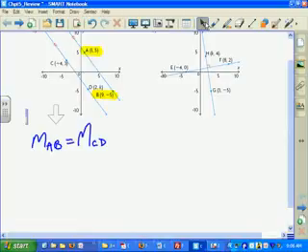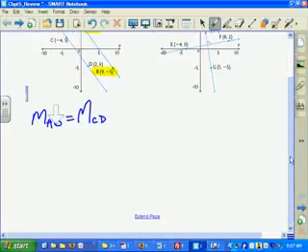Can we get the slope of a line if we have 2 points? Yes? All right, so how do we do that? Nice and loud for the microphone.